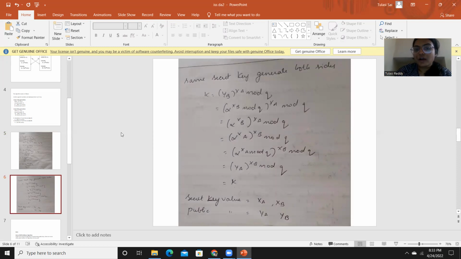We can write this as alpha to the power xa mod q, to the power xb mod q. So it is equal to ya to the power of xb mod q. So it is equal to k. So this is the actual procedure of the Diffie-Hellman key exchange.